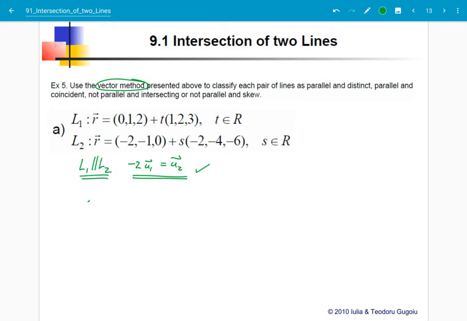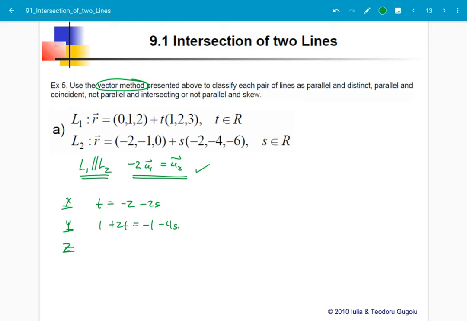So I have the x, I have t equal to -2 minus 2s. For the y, I have 1 plus 2t is equal to -1 minus 4s.